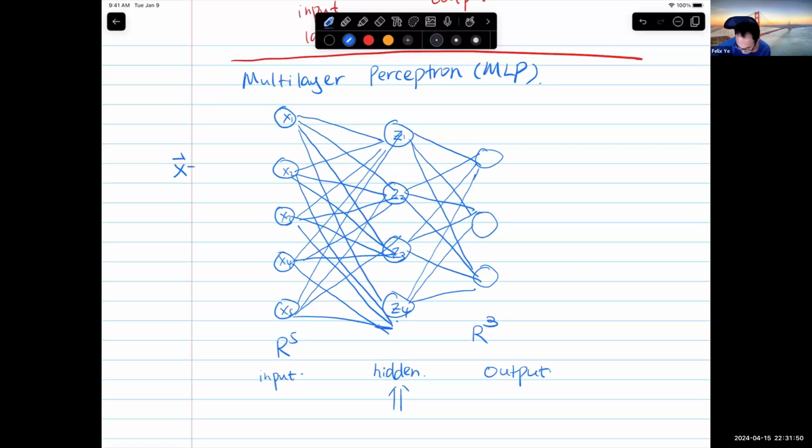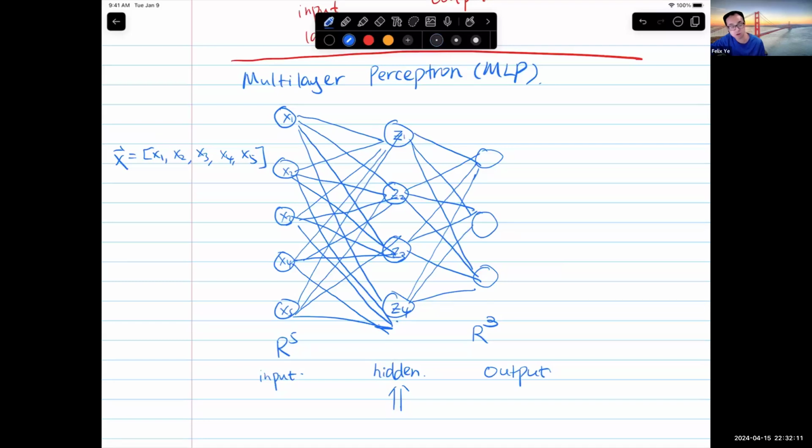The output neurons will output the probabilities for this data, say X. Here is my data, my features: X1, X2, X3, X4, X5. So this is one single data point.